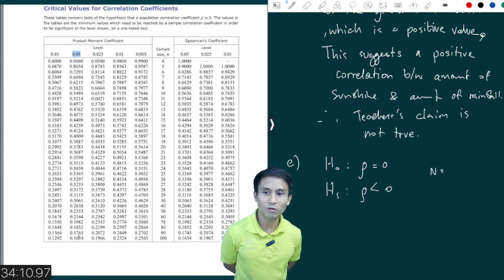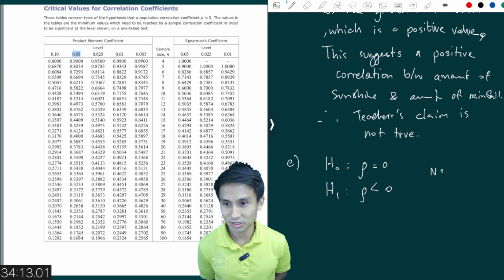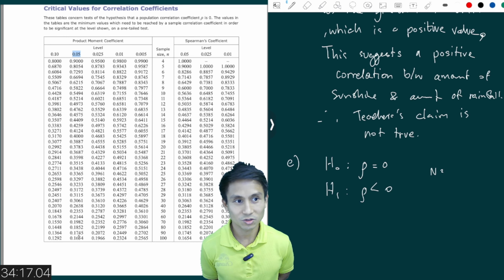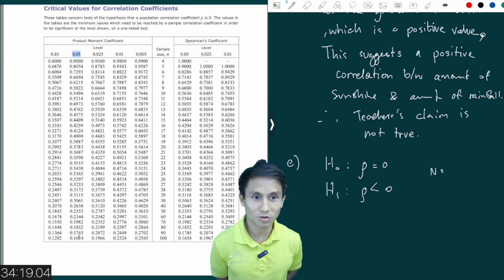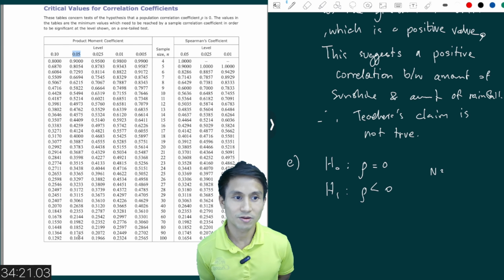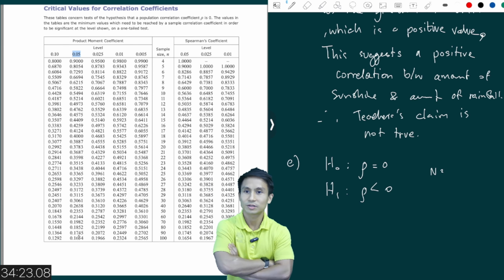So 0.16 is the correlation. So what is this? It's the product moment, the p-value. Interesting.